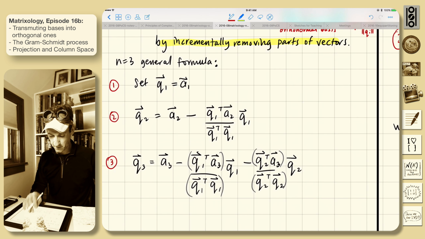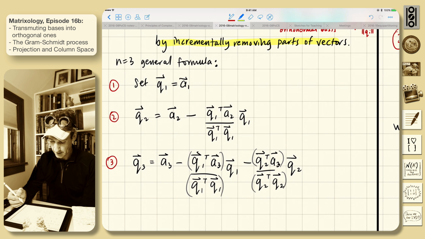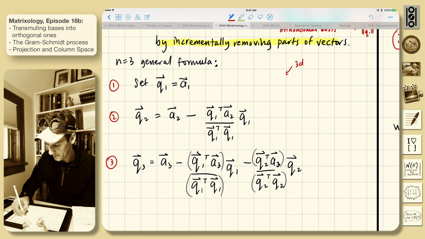So here's a general formula for n equals 3. So this could be in arbitrary dimensions. We have a basis with 3 vectors, so it spans a subspace of 3 dimensions inside an m-dimensional space, right? So this is a 3D subspace in Rm.